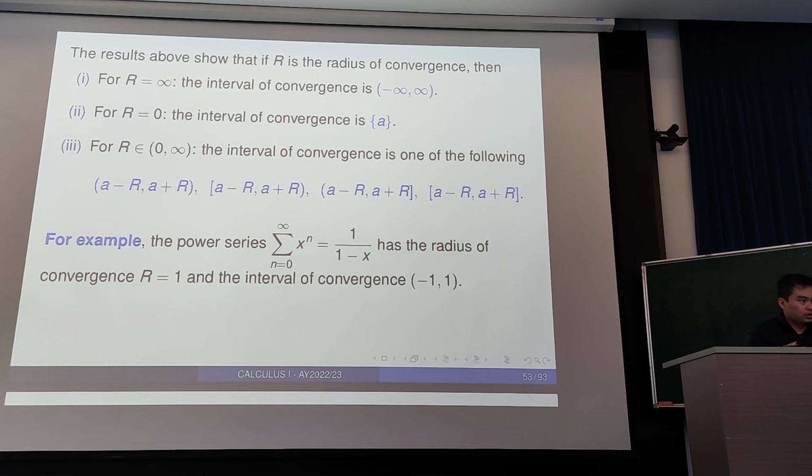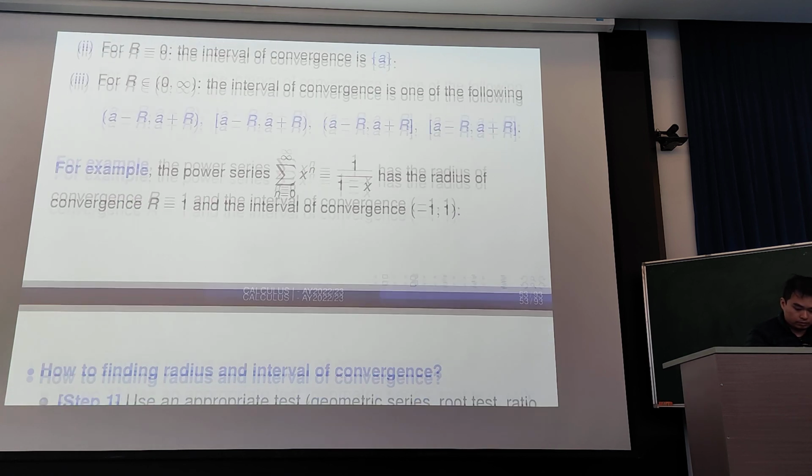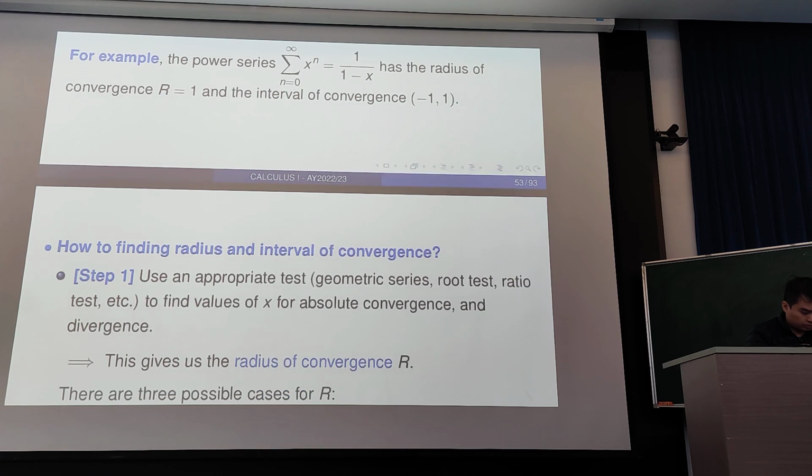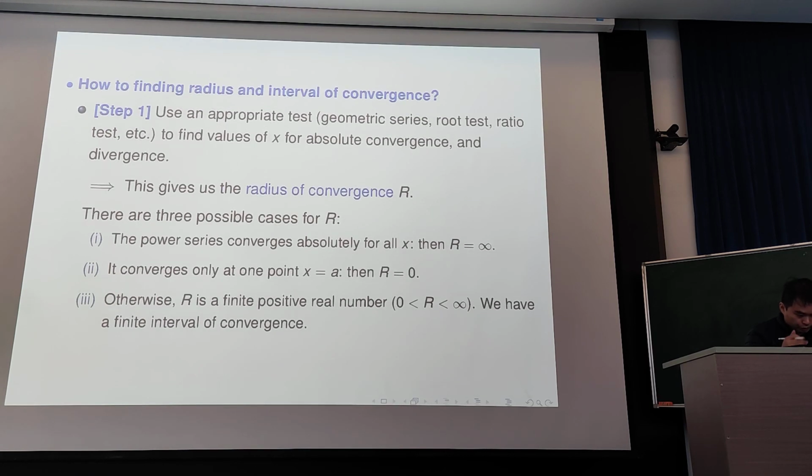We exclude the endpoints. Now we will see how to find the radius and the interval of convergence. You will see we have two steps.